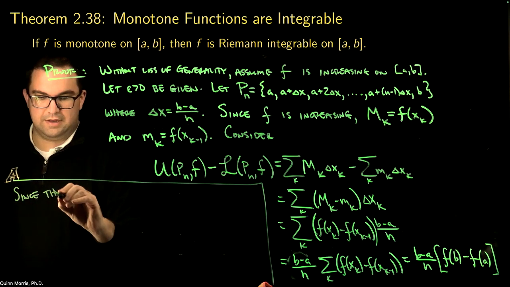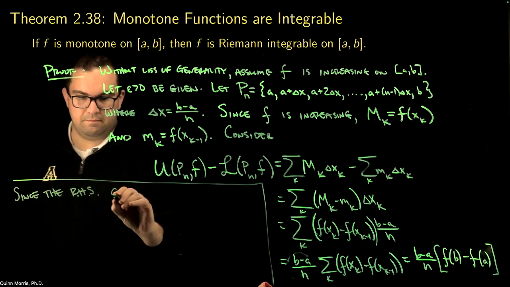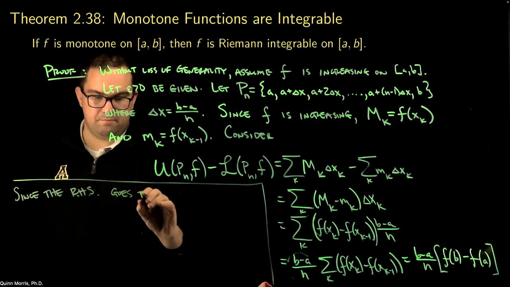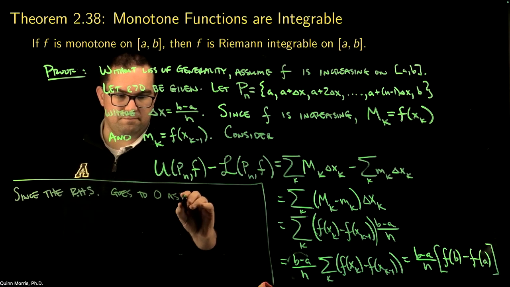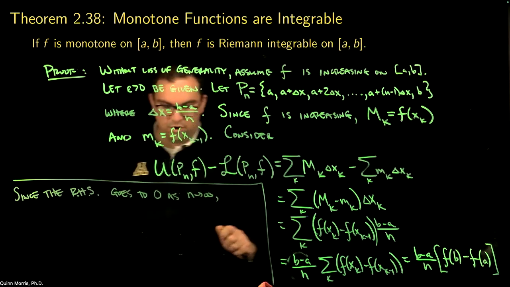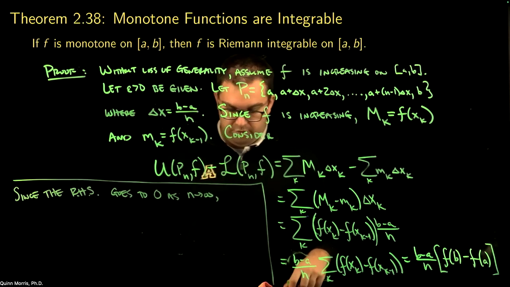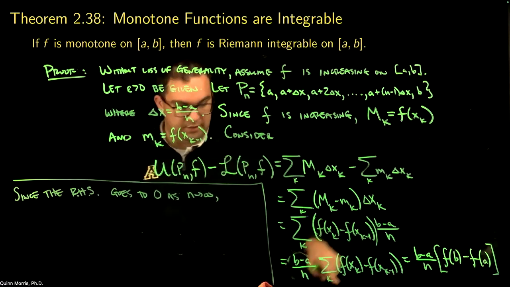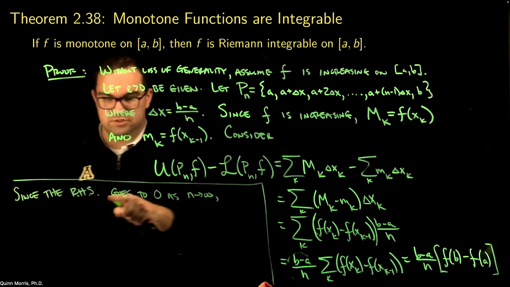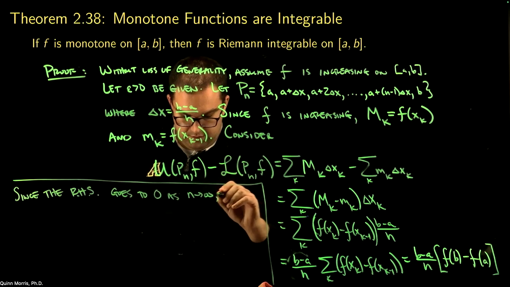Since the right-hand side goes to 0 as n goes to infinity, that means I could always find a partition that's smaller than any epsilon.